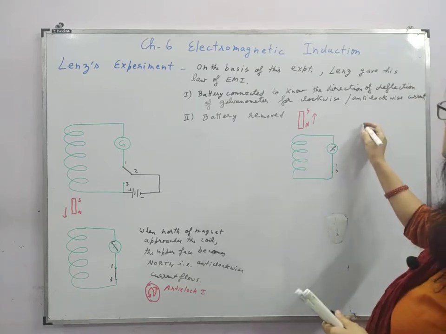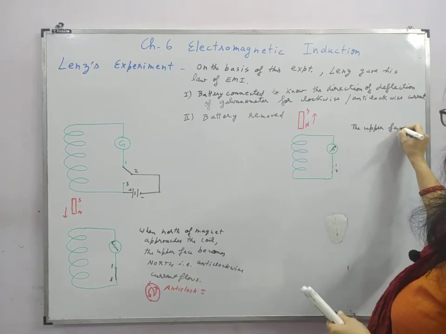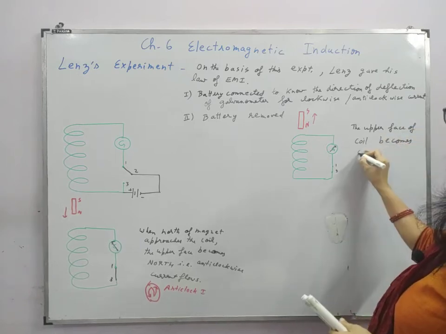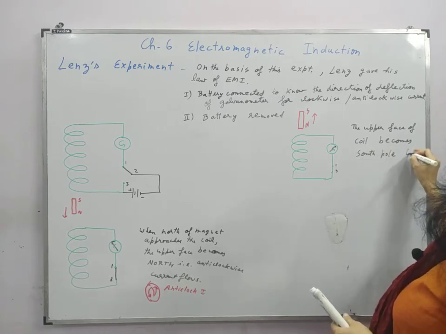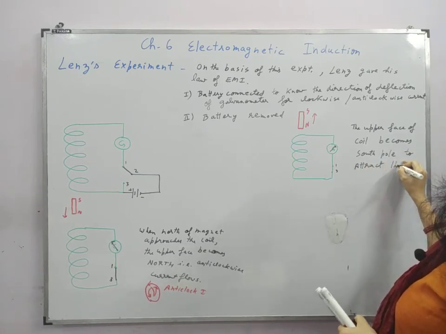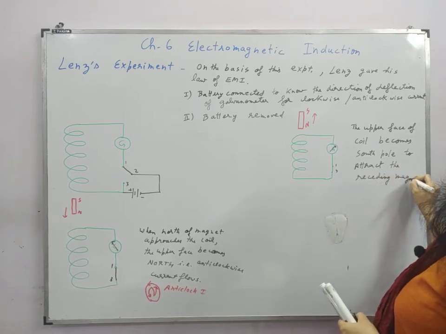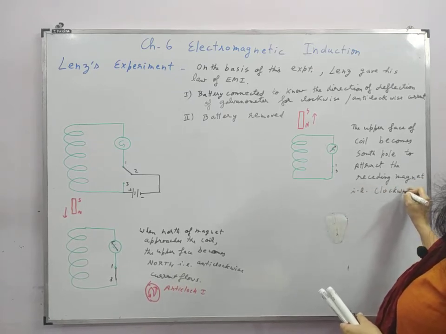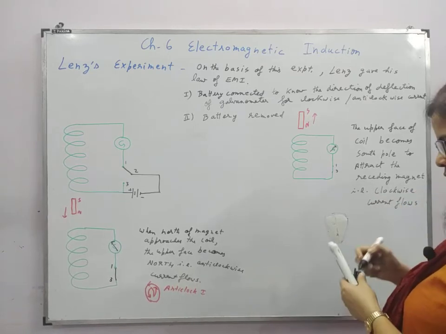So in this case, the upper face of the coil becomes south pole to attract the receding magnet, that is, clockwise current flows.